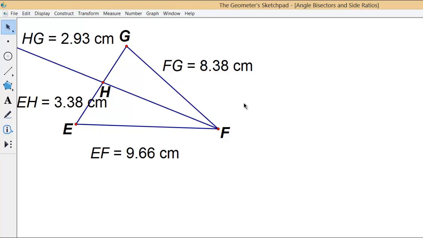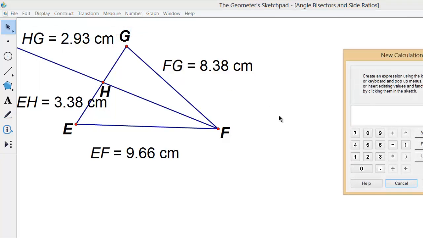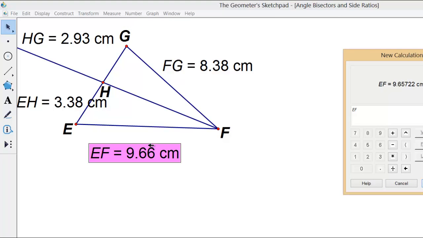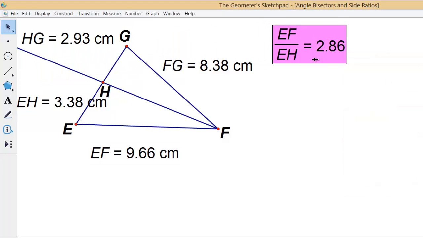Now the thing is, we want to look at the ratio of this side, EF, to this segment, EH. So let me do that calculation. So EF divided by EH, that ratio is 2.86.